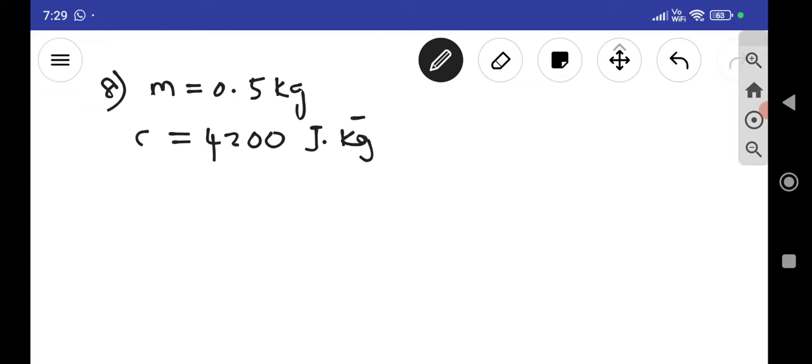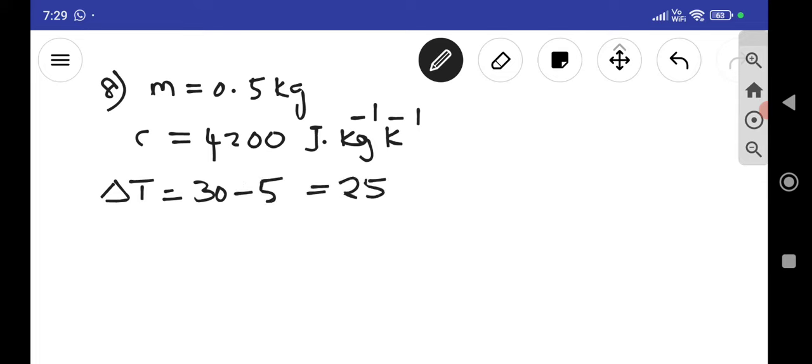Question number 8, given values: mass is 0.5 kg, specific heat capacity is 4200 joule per kg per Kelvin, delta T change in temperature, final 30 minus initial 5, you get 25 K or in degrees.